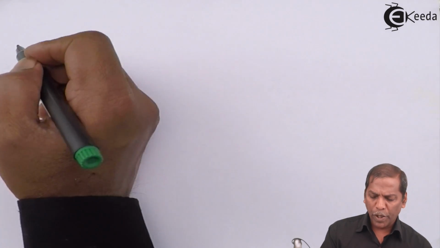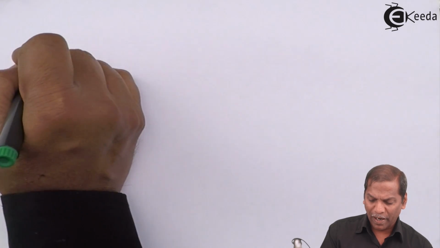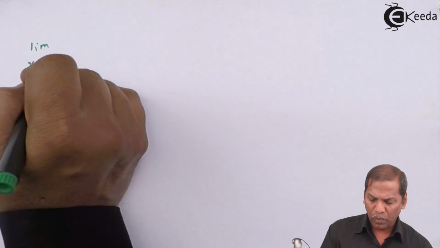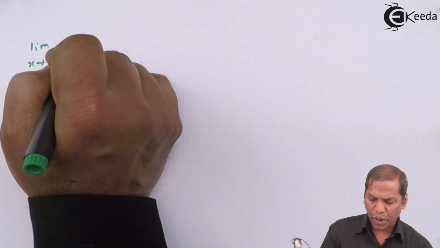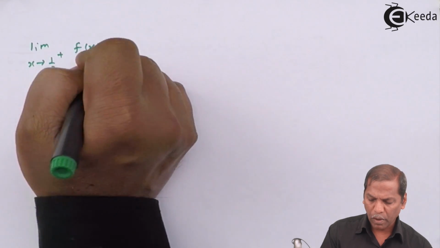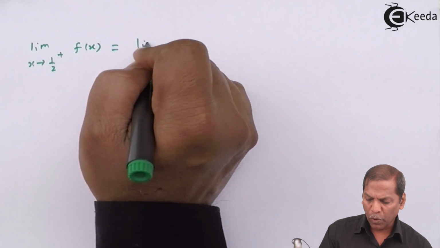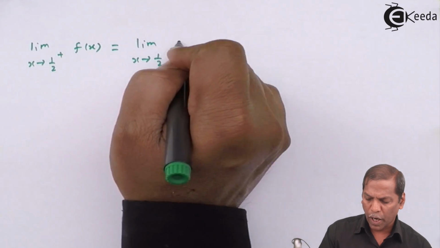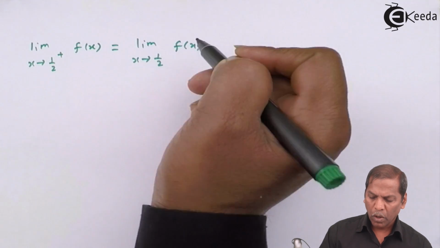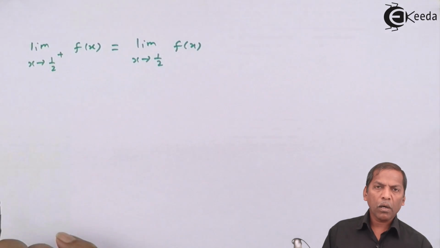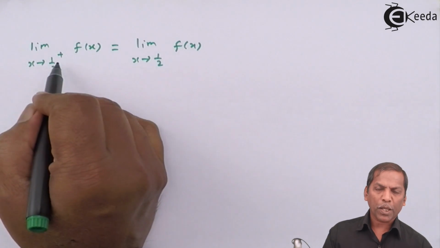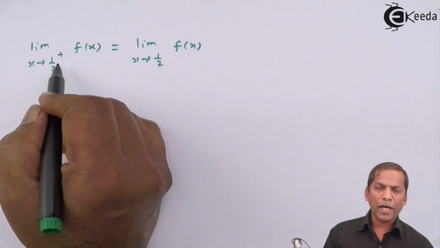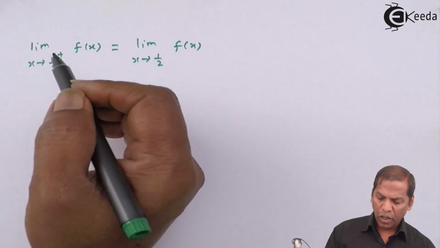Now the second step is limit x tends to 1 by 2 plus f of x. Here x tends to 1 by 2 plus, it means we have to find the right hand limit.